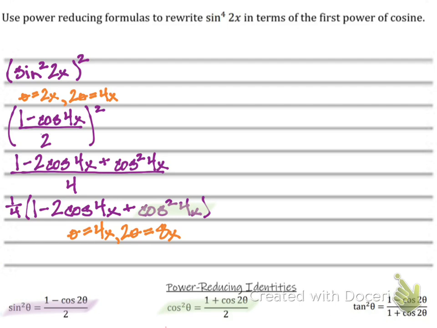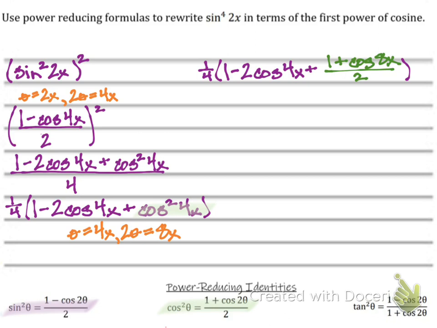All right, so we still have a 1/4 out front times 1 minus 2 cosine 4x plus, now we're going to use that formula, 1 plus cosine 8x all over 2. You okay?